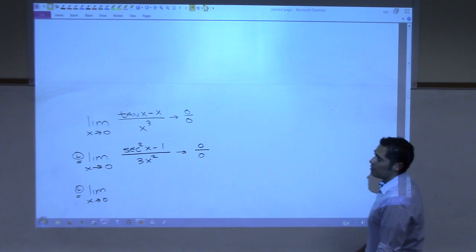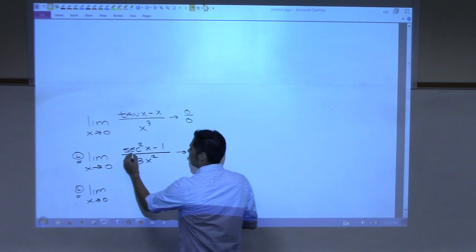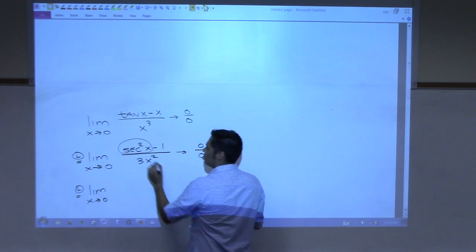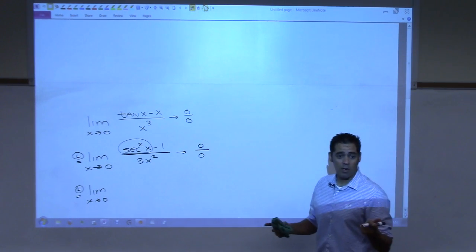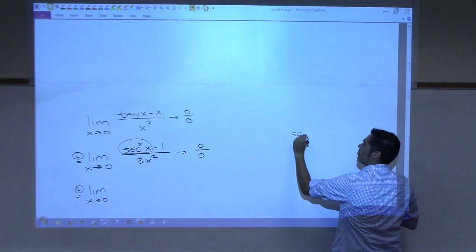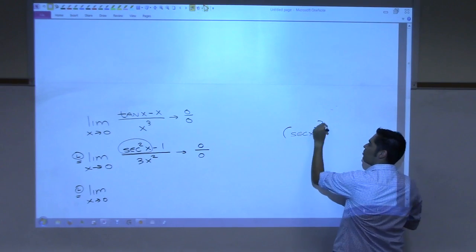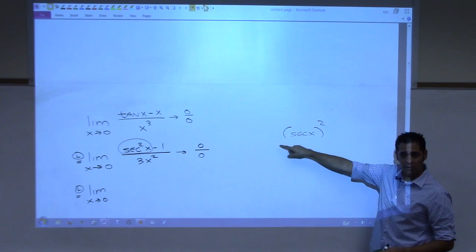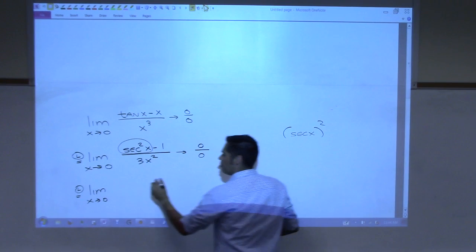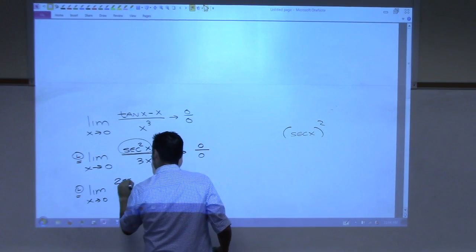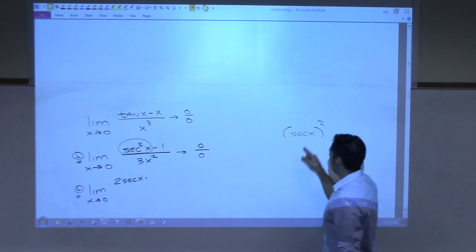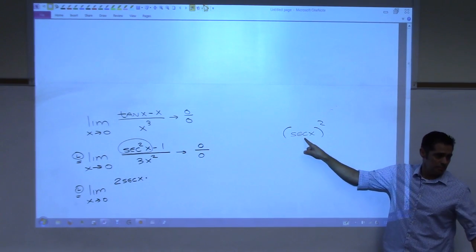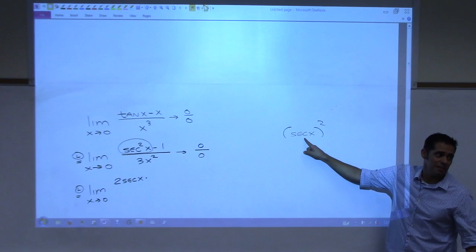What is the derivative, though, of secant squared x? Good. Chain rule, right? First, we're trying to take the derivative of secant x squared. First, the 2 comes out. So 2 secant x times, now the derivative of what's inside, secant x tangent x.